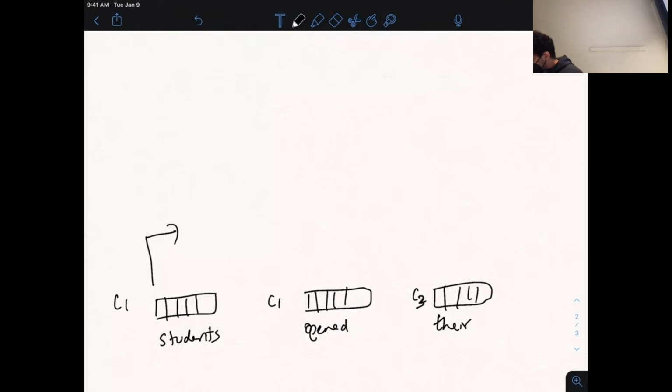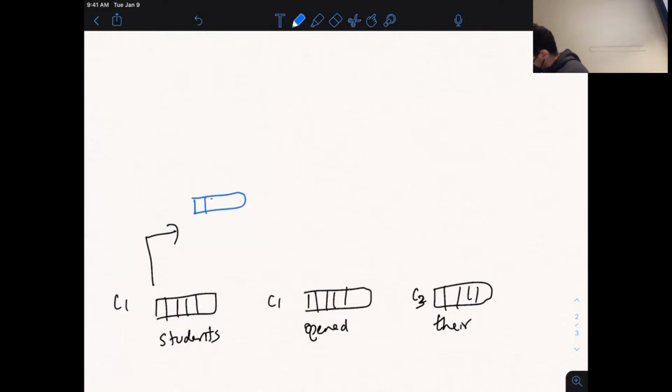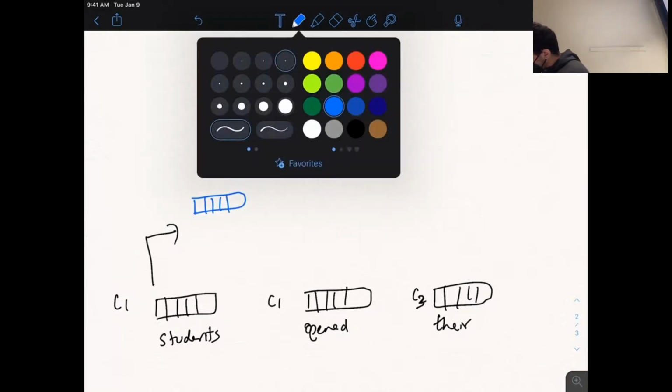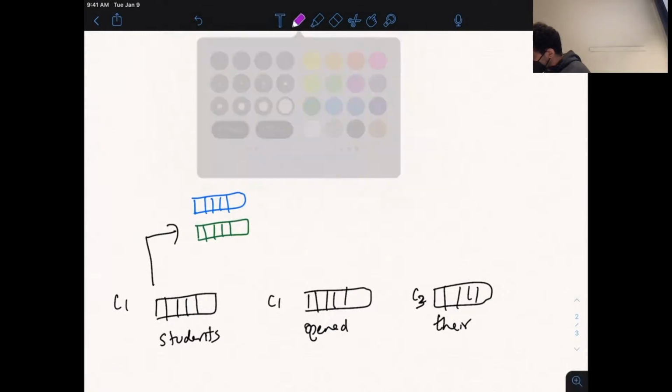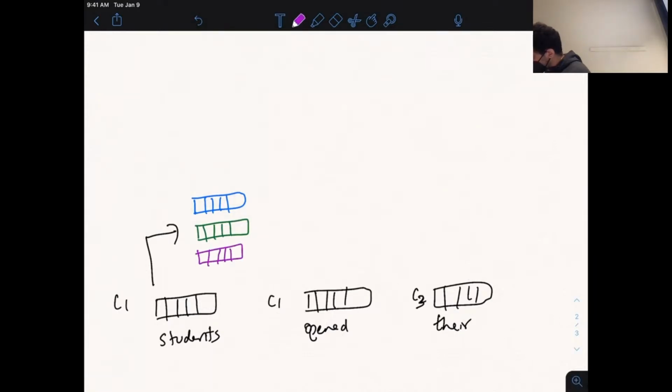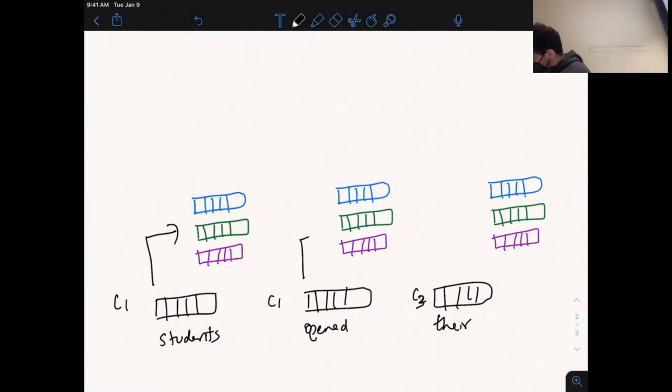I'm going to have three different projections here. So at every time step, I'm first going to do three projections. This is going to be called Q1.